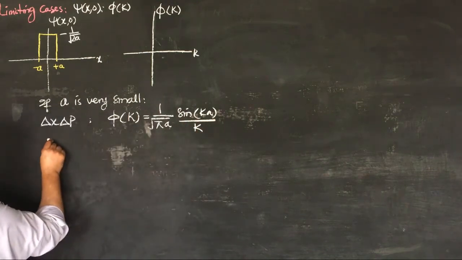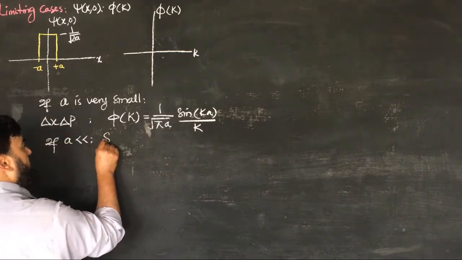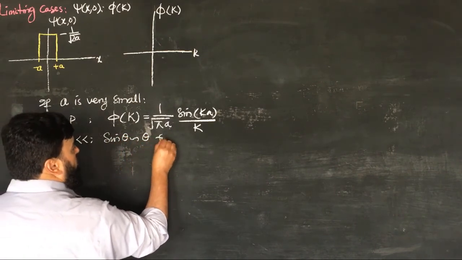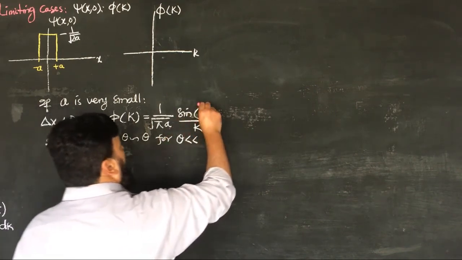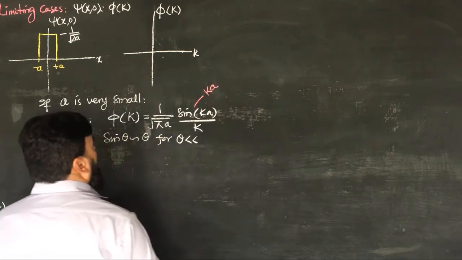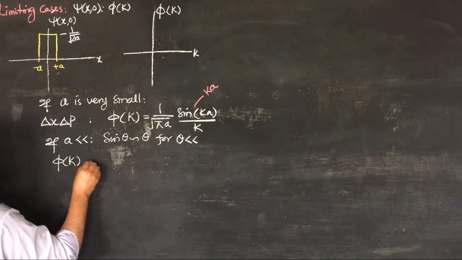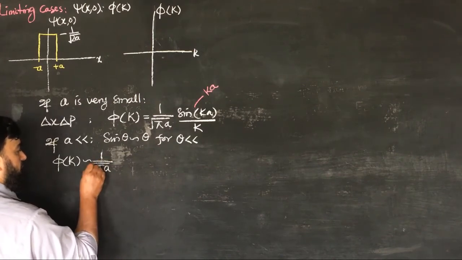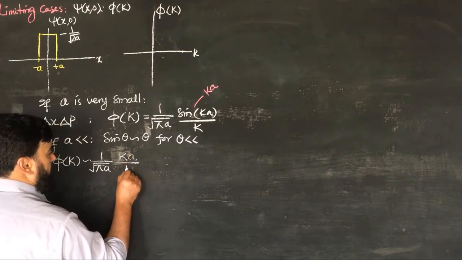So if a is very small, then I know that sine theta is approximately theta for theta very small. So this sine ka will actually approximate to ka, and I will write that phi of k is approximately equal to 1 over pi a, and this will become ka divided by k.